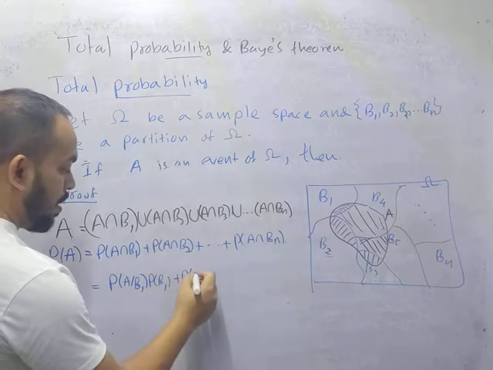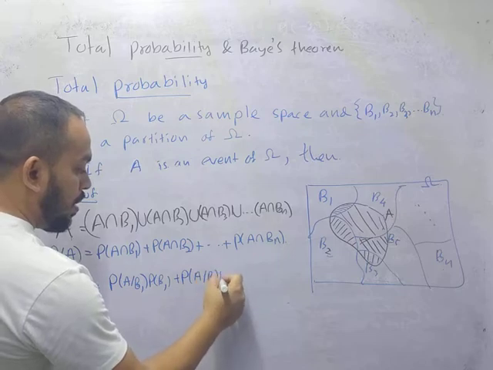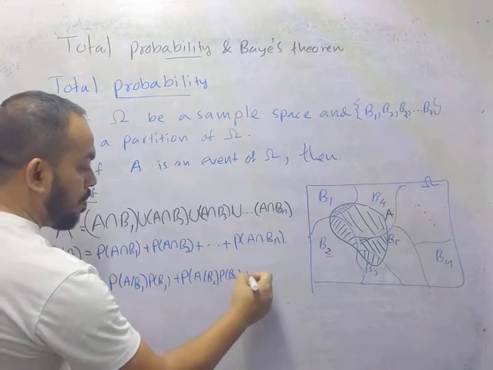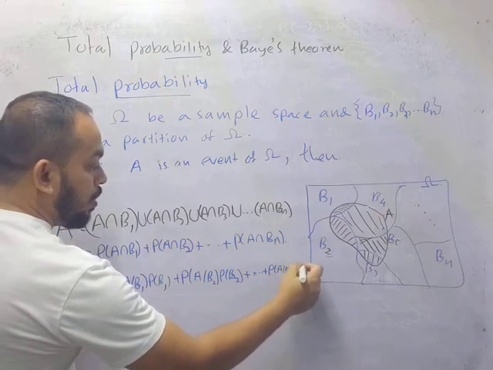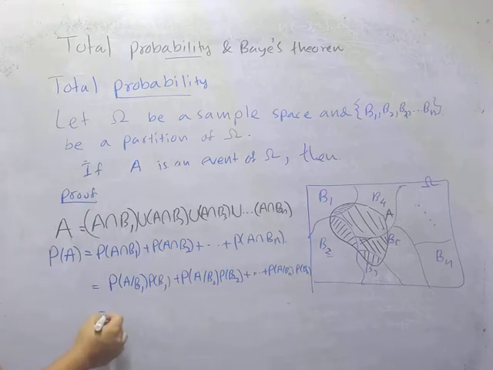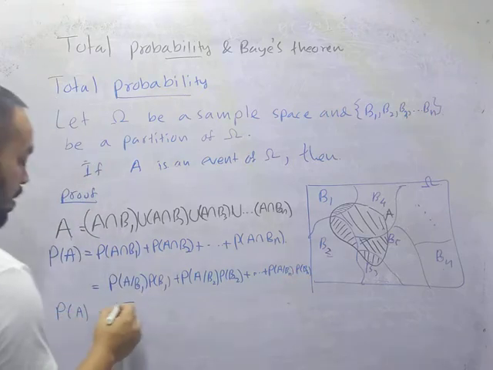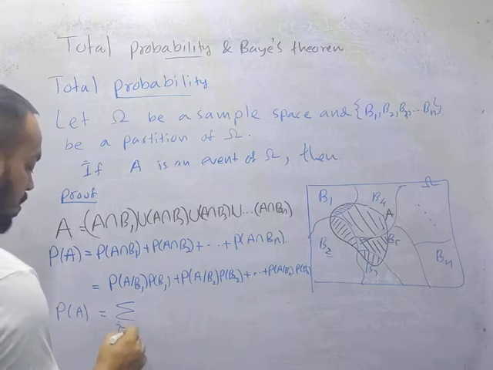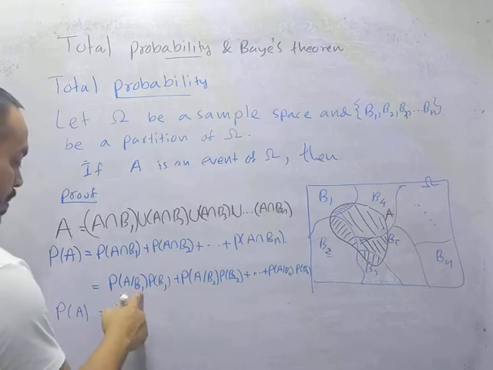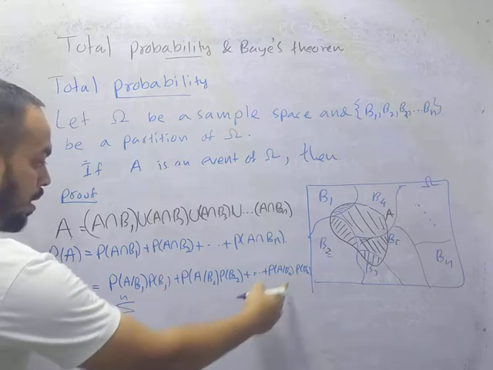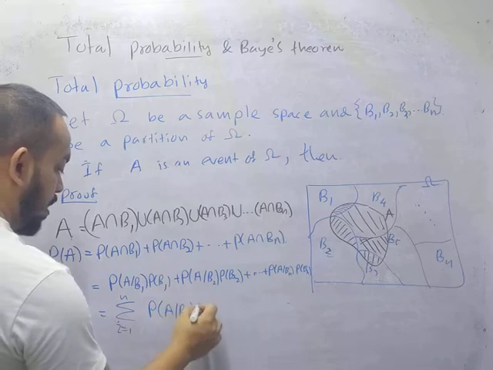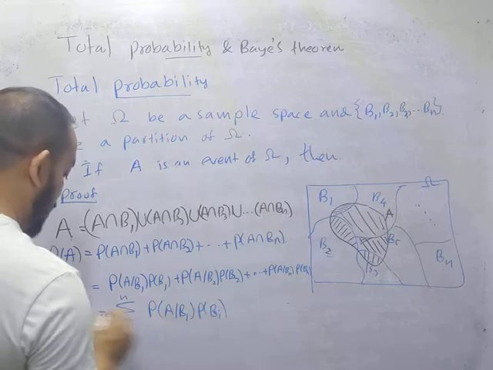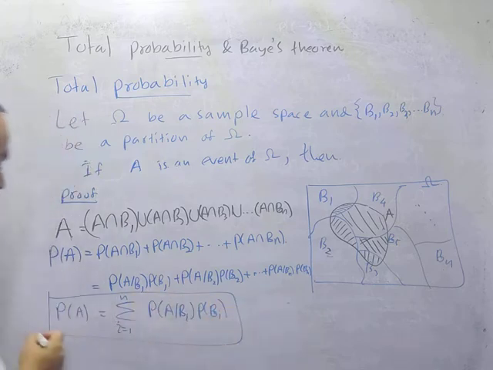So we have probability of A given B2 times probability of B2, plus dot dot dot, plus probability of A given Bn times probability of Bn. Now I can add them all up, just take the sum for i equals 1 to n of probability of A given Bi times probability of Bi. This is our total probability.